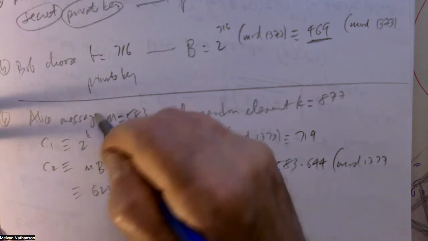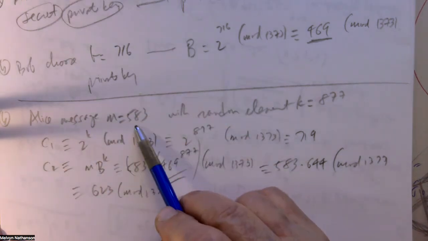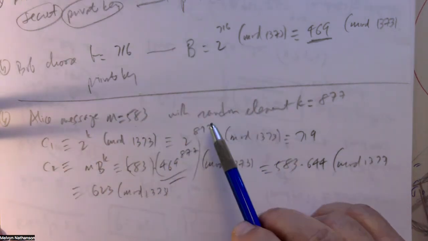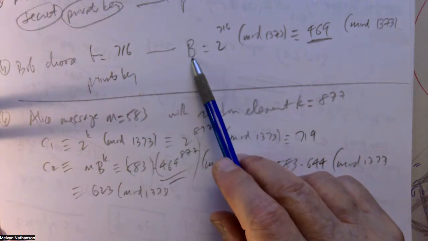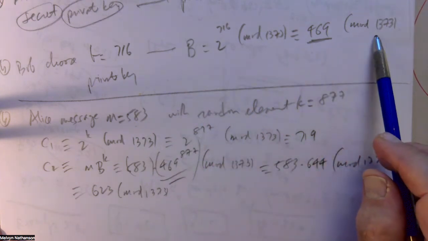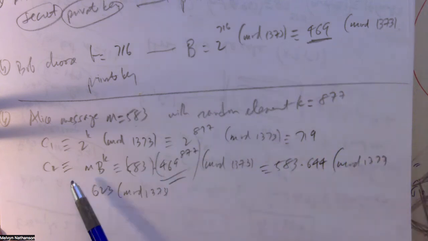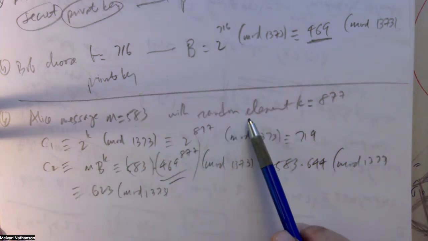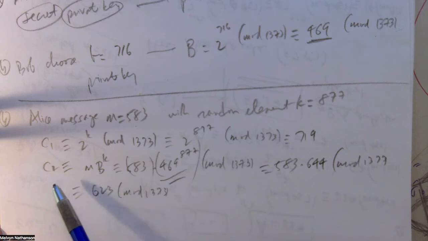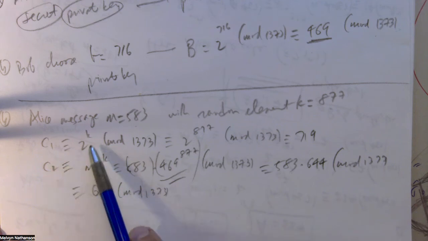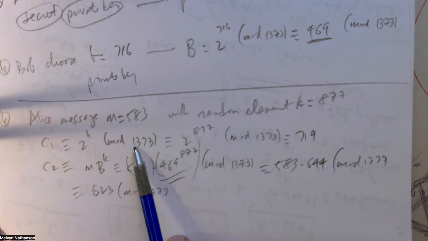So Alice wants to send the message 583 to Bob. Bob's public key number is capital B, 469 mod the prime 1373. Alice chooses the random element K equal to 877. She's going to send two numbers, C1 and C2. C1 is 2 to the K modulo the prime.